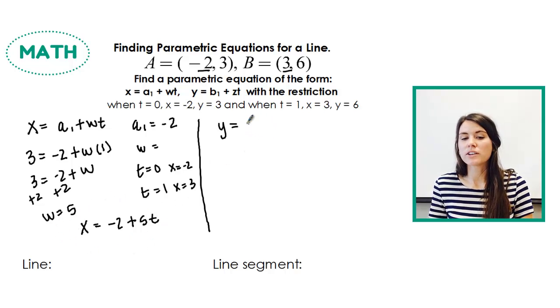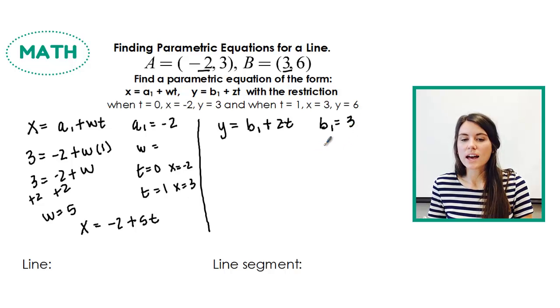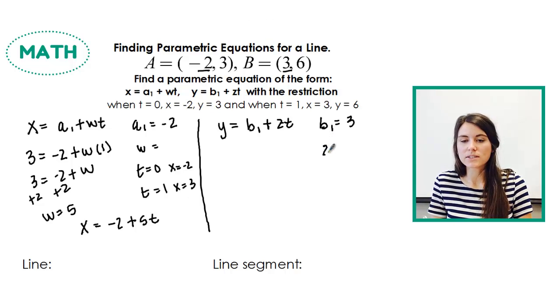Then I do the same thing for y. So y is equal to b1 plus zt. And again, I have similar restrictions. So my b1, that's my initial y value, I'm going to say that is 3. And then I have a z that I don't know, so I'm going to write down z.